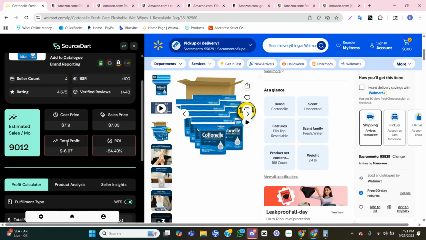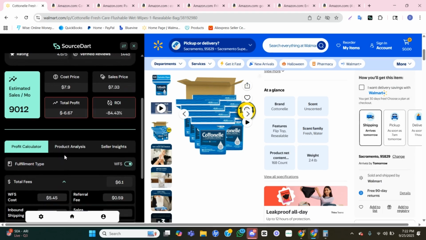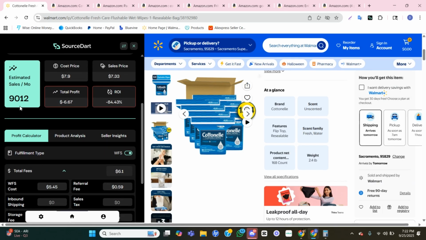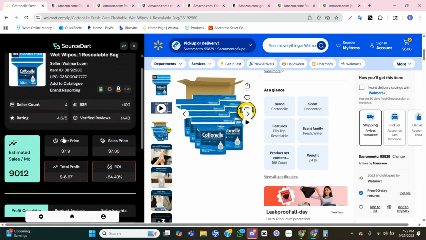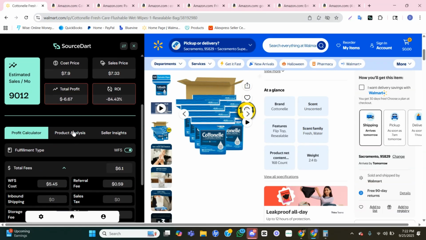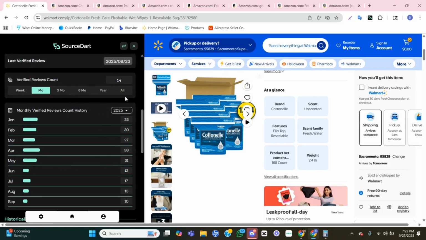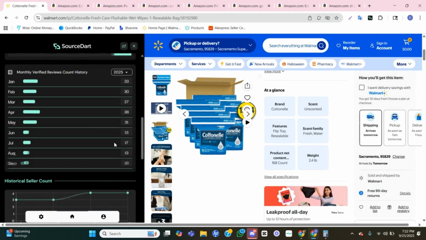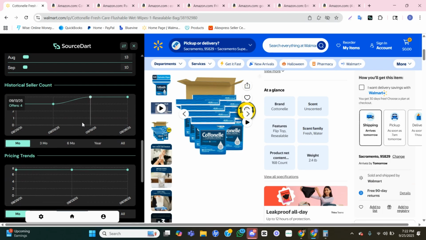So for example, like this, negative $6. If WFS, so this is 9,000 sales. Let's see why it's like that. Product analysis: reviews, sales, and then the sellers.